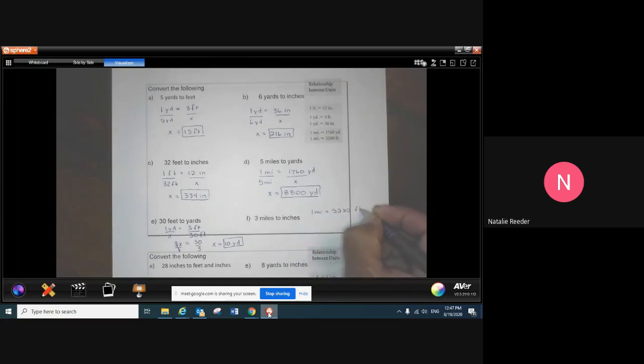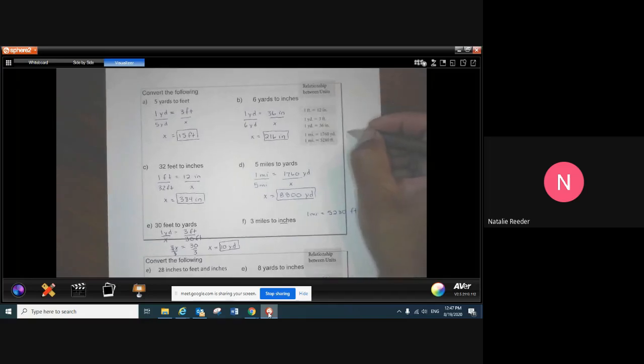So in order to get inches, because the question is asking for inches, we just have to convert the 5,280 feet to inches. So in that case, I'll just do it up here. Feet to inches is 1 foot equals 12 inches. Now I want to convert 5,280 feet to how many inches?